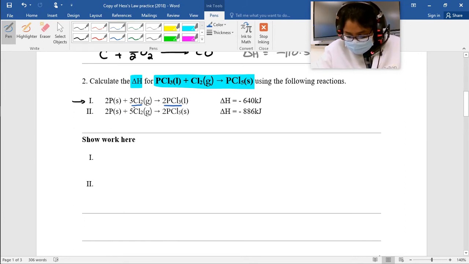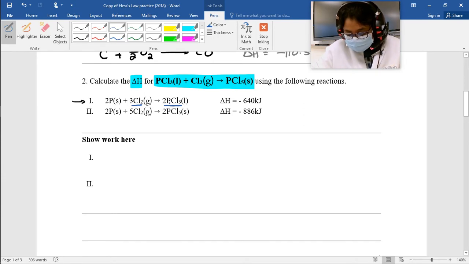And we need one Cl2, but we have three Cl2s. So let's see which compound we should give priority to. If you look at the second equation, you'll notice that PCl3 is not present in the second equation, but Cl2 is, which means Cl2 has a second chance to fix itself, but PCl3, we have to fix it, okay?